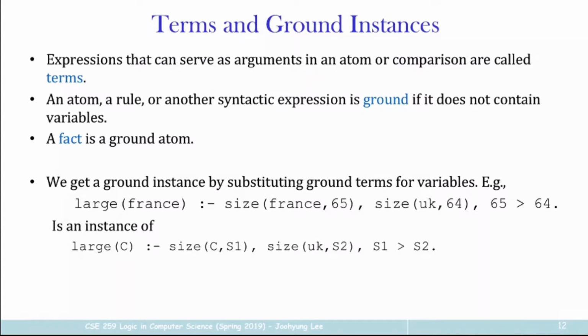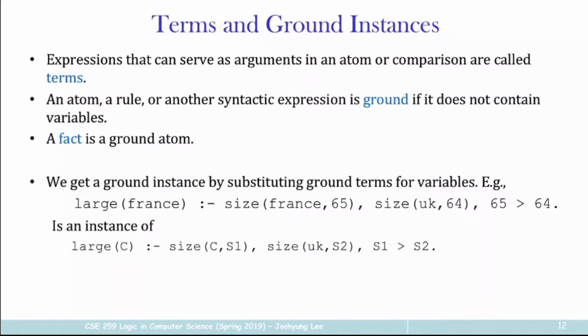France is a ground term because it does not contain variables, so it substitutes C, which is a variable. If you have this original program, it may contain many ground instances, but one of the ground instances is this one, when you replace C with France, S1 with 65, and S2 with 64.